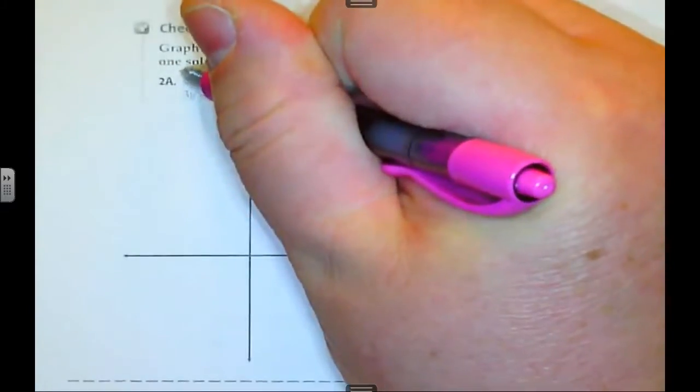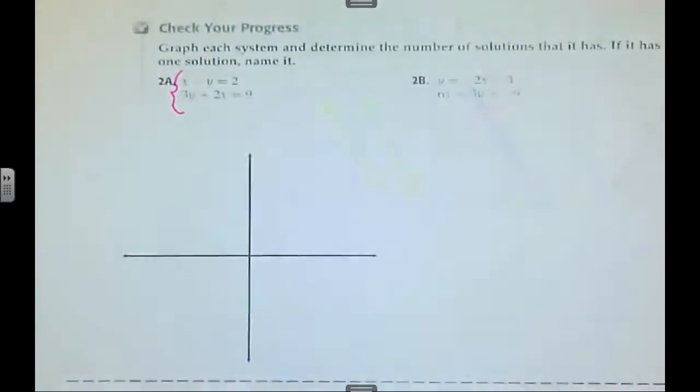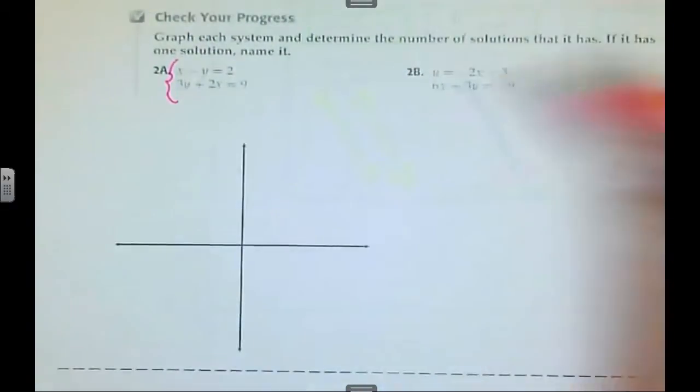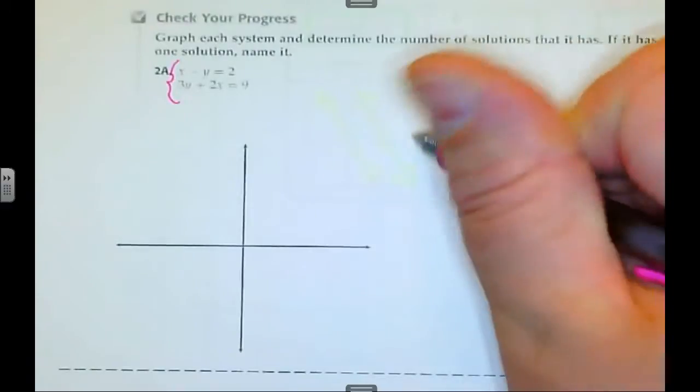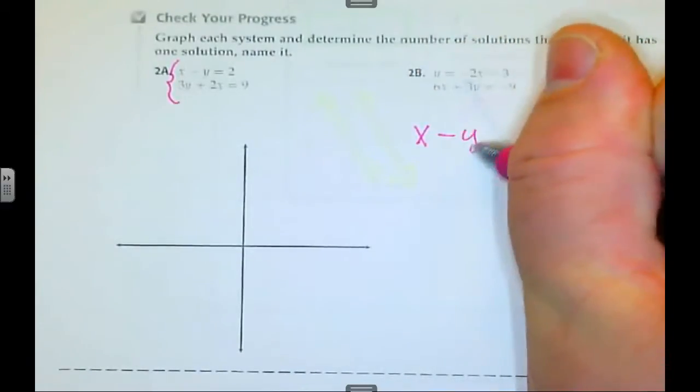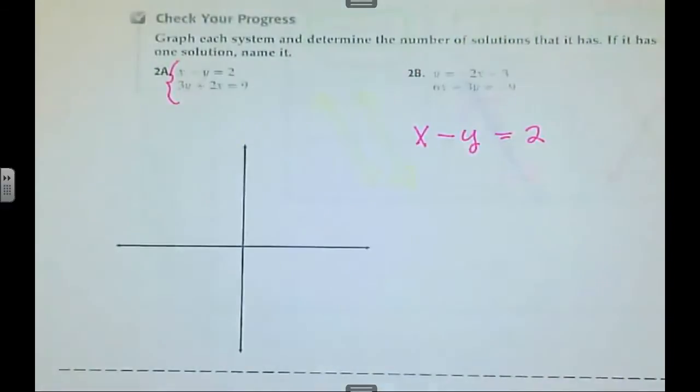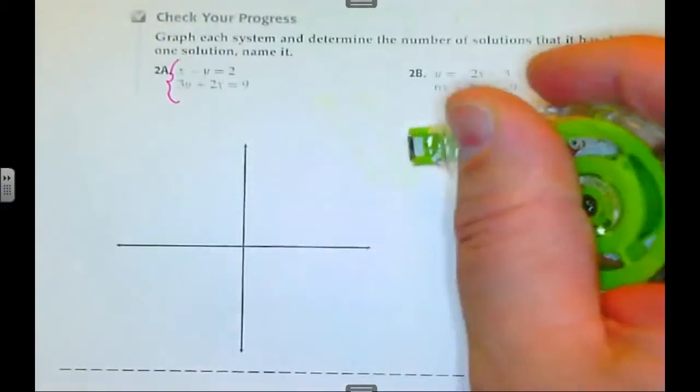All right. So here's my system. I'm going to rewrite these. Again, it looks pretty light. So here's my system of equations. I have x minus y equals 2. Let's do 2b. I don't even like that one. Let's do the other one first.